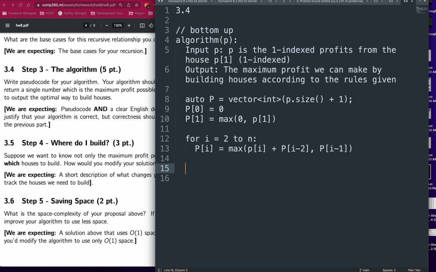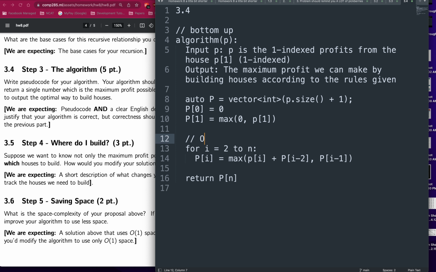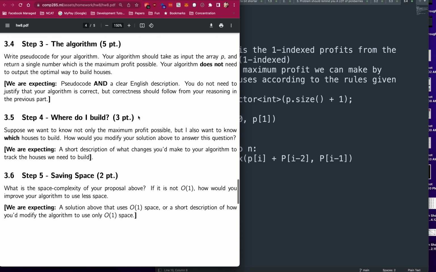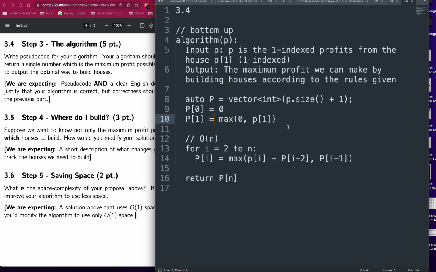And then at the end, I return P of n. That's it. Makes sense? Very simple algorithm, just the for loop. Running time, you can probably figure this out, just the for loop, so O of n. The space is O of n, because you have to fill in the P. You can describe it if you want, but that's it for 3.4.